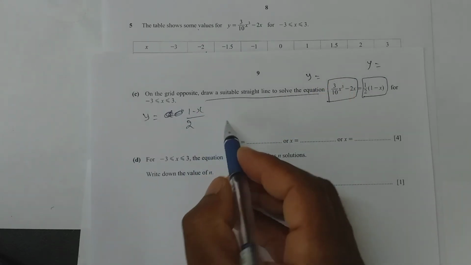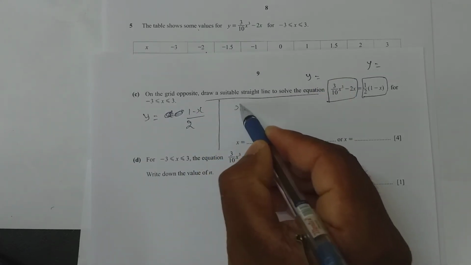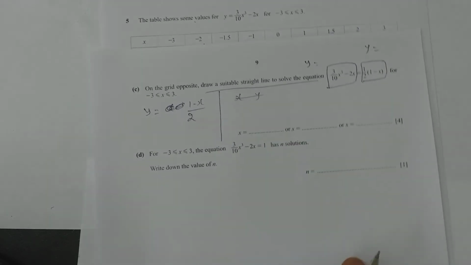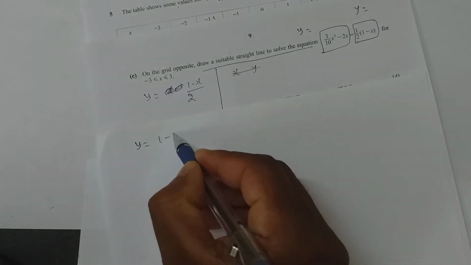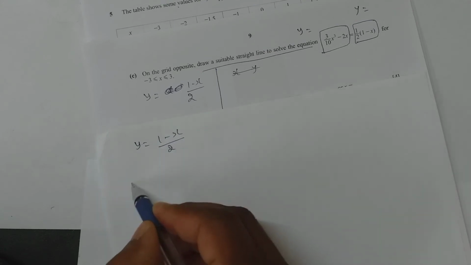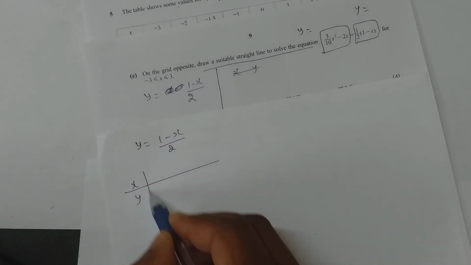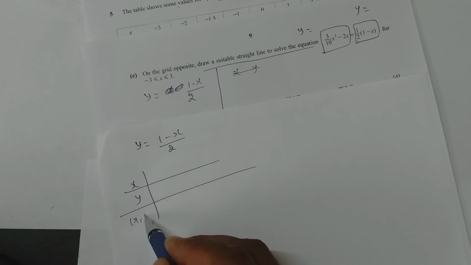I need 2 points. So x, y. Let me draw right here then. The points will be x comma y.